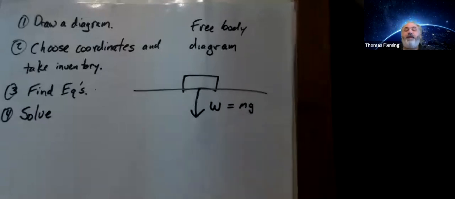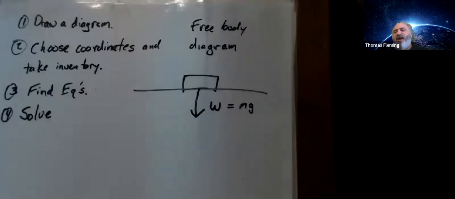Now, we also know from Newton's second law that the sum of the forces is equal to the mass of the object times the acceleration of the object. But we're talking about a book sitting on a table. That book is not moving at all, which means it can't be accelerating at all.